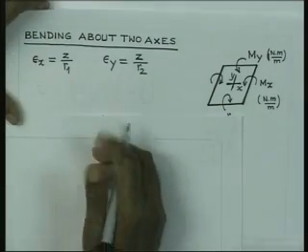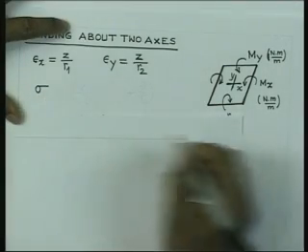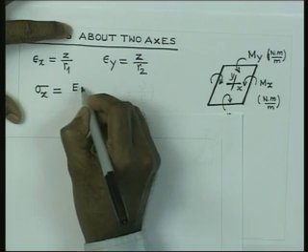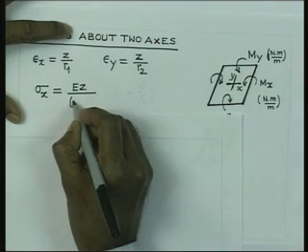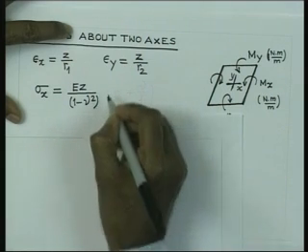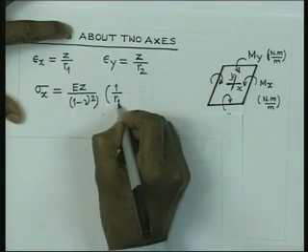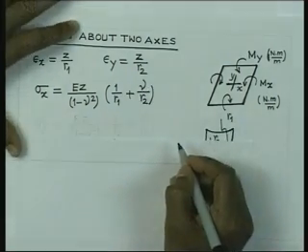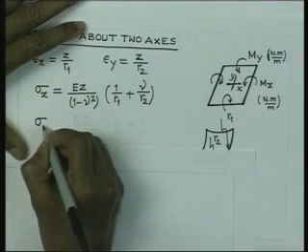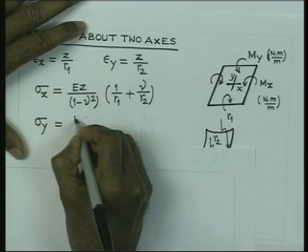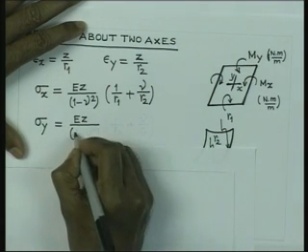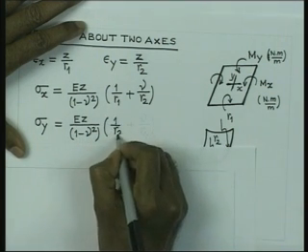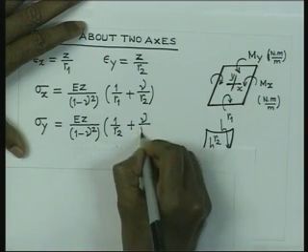And hence, it is a plane stress problem, and therefore we can write sigma x equal to E z by 1 minus nu square into 1 by R1 plus nu by R2, and similarly sigma y equal to E z by 1 minus nu square into 1 by R2 plus nu by R1.